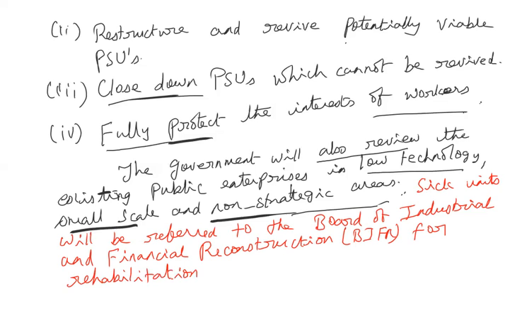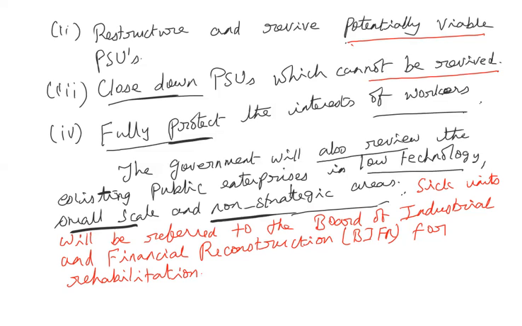Rehabilitation means whether those kinds of companies can survive with any amount of financial assistance or not. So it is the responsibility of the board to advise the government which sick public sector companies are potentially viable, and which cannot be revived.